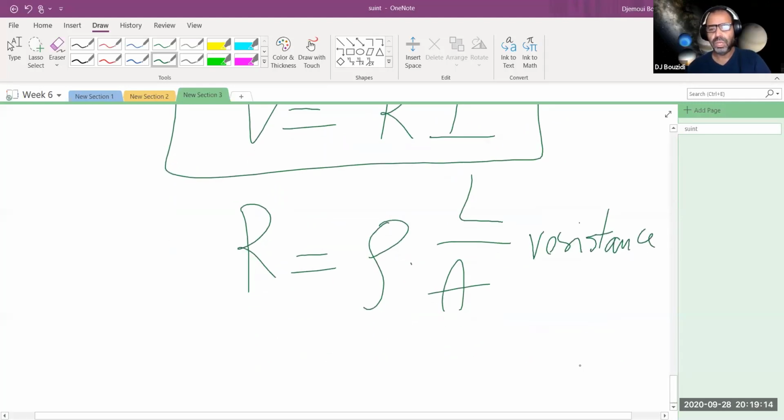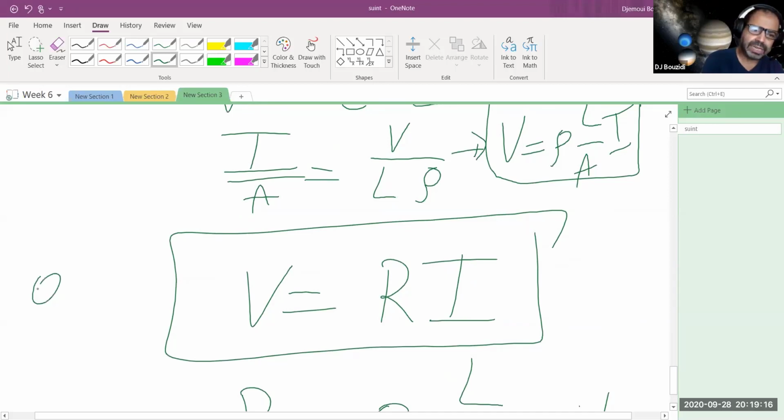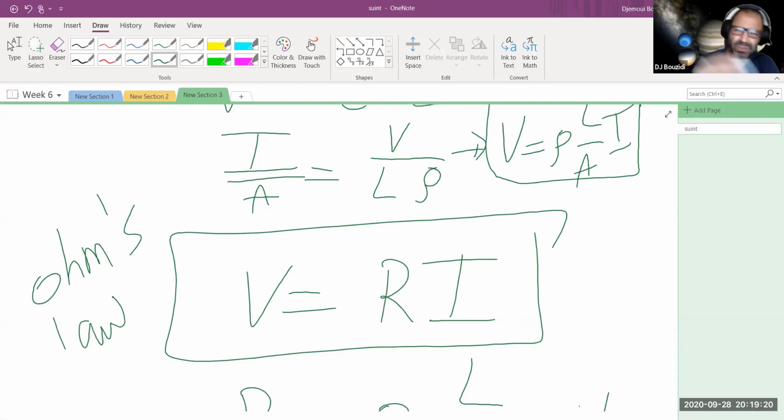So this is now the version that is more often called Ohm's law. This is really a derived version of Ohm's law. But you will hear me, and you will see in lab instructions, in exams and problems, that when they talk about Ohm's law, chances are, I would say 95 to 99% chances, that this is what they refer to: V equal to Ri.